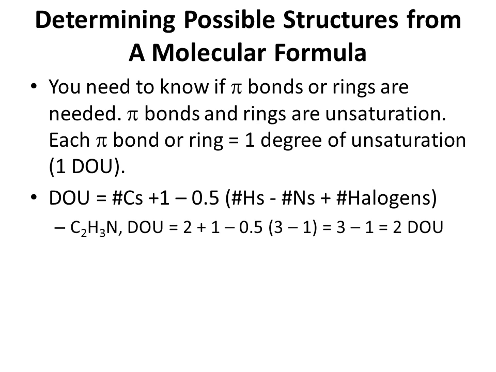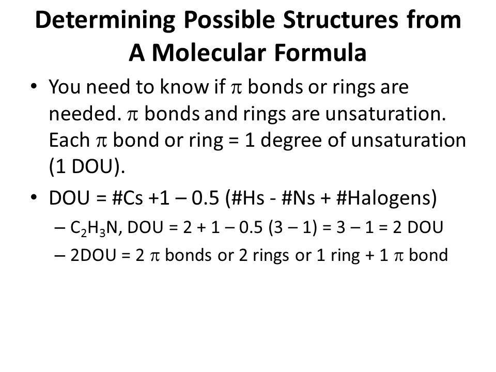In the case of C2H3N, we have DOU equals 2 carbons plus 1 minus 0.5 times parentheses 3 hydrogens minus 1 nitrogen end parentheses. So that's 3 minus a half of 2, which is 1, so 3 minus 1, or 2 DOU, 2 degrees of unsaturation. 2 degrees of unsaturation means there could be 2 pi bonds, or if there are enough atoms that could make rings, 2 rings, or 1 ring and 1 pi bond.